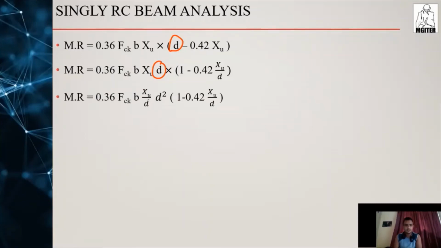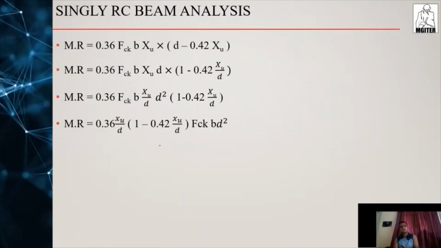Then after dividing by d, we have to multiply by d. So by this we can say your equation is multiplied by d by d, and after multiplying by d we got this equation. Understood? Then simplify the equation: 0.36 xu upon d, 1 minus 0.42 xu upon d, into fck b d square. These are some simple simplifications.